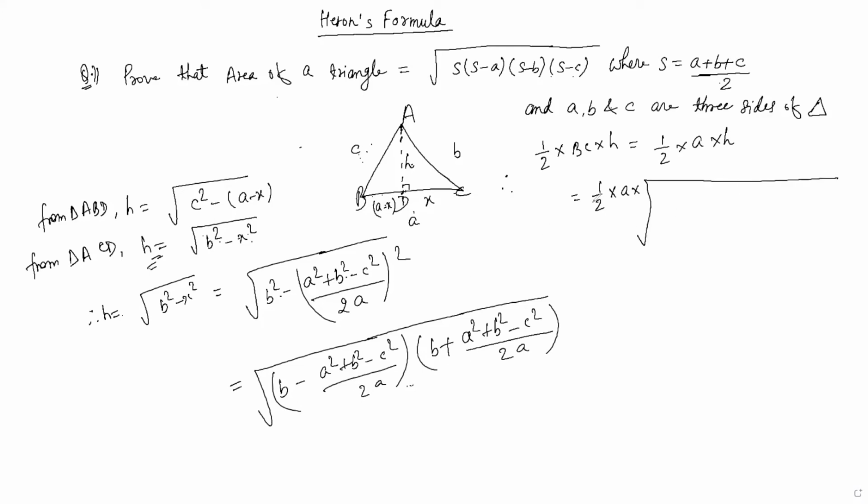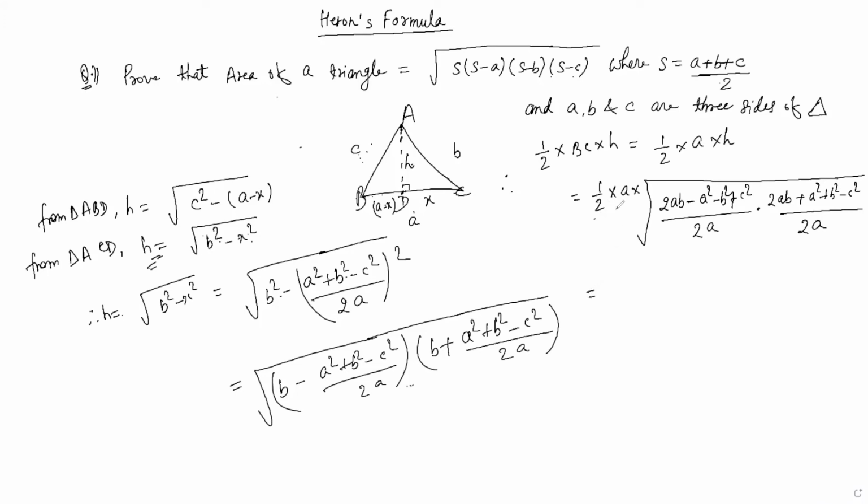Now here we will take the LCM in both cases. So it will become 2ab minus a square minus b square plus c square divided by 2a, into 2ab plus a square plus b square minus c square divided by 2a.